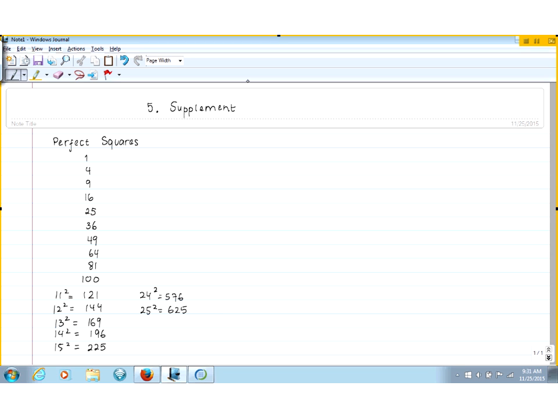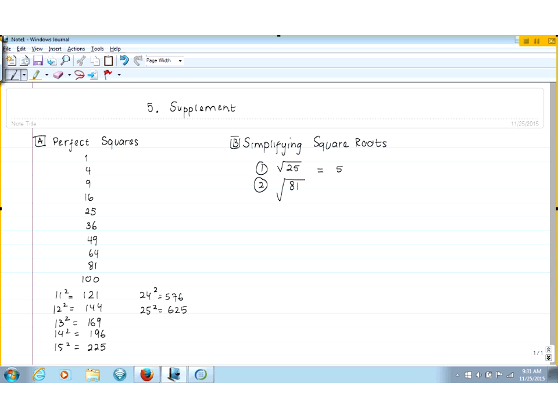Because we want to simplify square roots. Suppose I ask you what is the square root of, so simplifying square roots. For example, what is the square root of 25? 5.